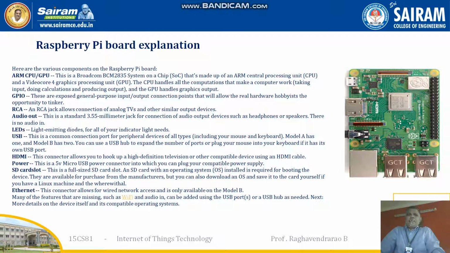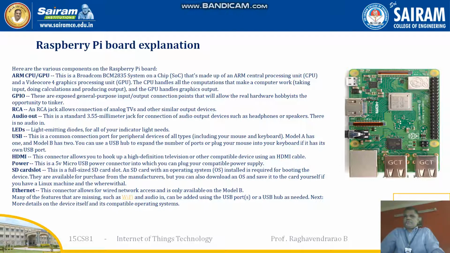Then there is another port called Ethernet. This connection allows for wired network access and is available in the model B. Many of the features that are missing, such as Wi-Fi and audio in, can be added using the USB ports.